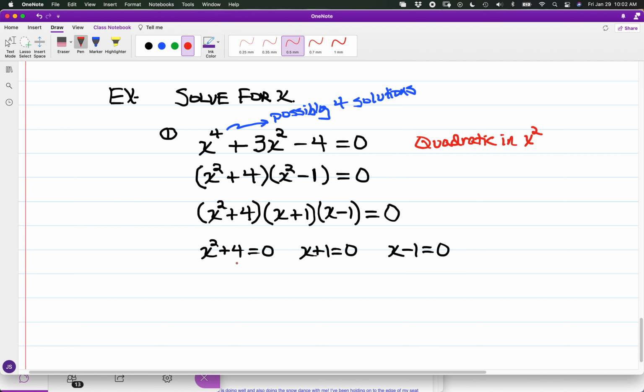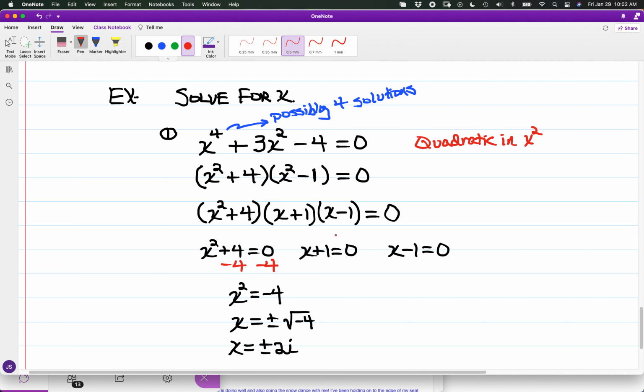So for x squared plus 4 equal to 0, if I take 4 away from both sides, we have that x squared is equal to -4, and then we apply the square root property of equality. So you have x is going to be plus or minus the square root of -4, and so this will go to plus or minus 2i.